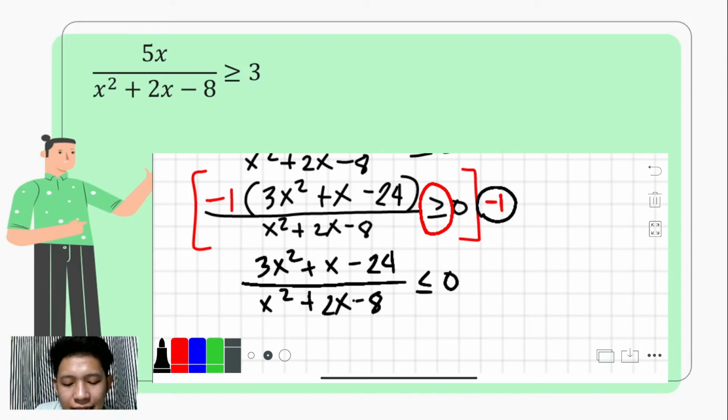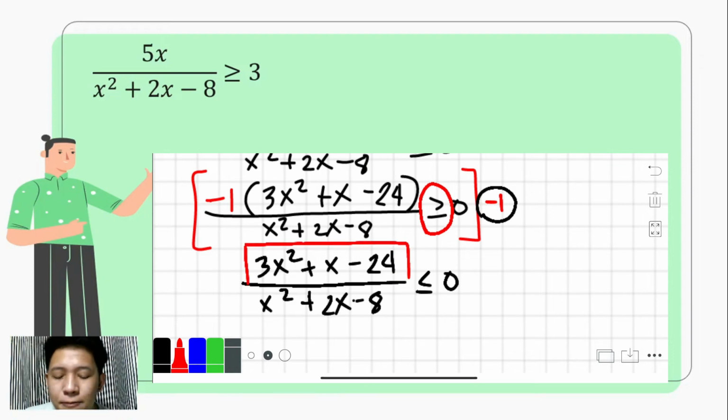Okay po? And then after this, is this a single fraction na po? Yes, this is a single fraction na po. And for us to get the critical value, a strategy or a technique is to simply factor this out. Okay? So, we think of the factors of 3x squared plus x minus 24 and the factors of x squared plus 2x minus 8.